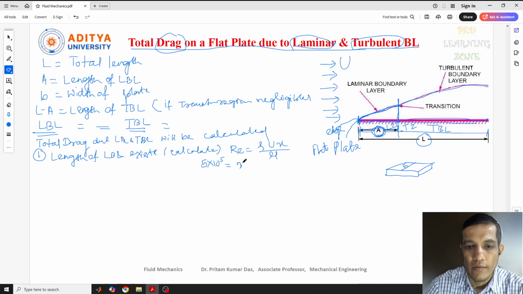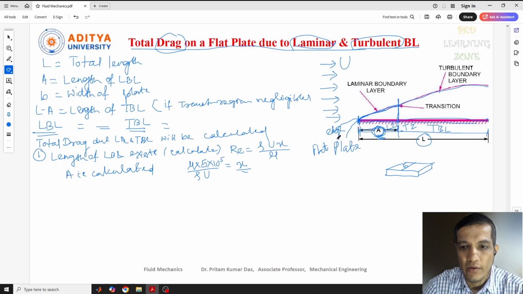So x will be this value divided by rho u. Now this x value is nothing but a here. So a is calculated by the Reynolds number, which means the laminar boundary layer length was calculated.